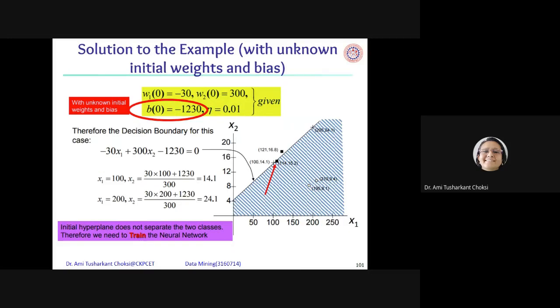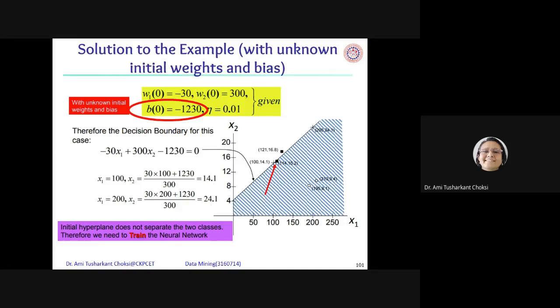The second category we have taken was unknown initial weights and bias. As an assumption in the problem statement, it is given that b0 is equal to negative 1230, right? Now we take those values, x1 is 100 and x1 is 200, and we find the value for x2.